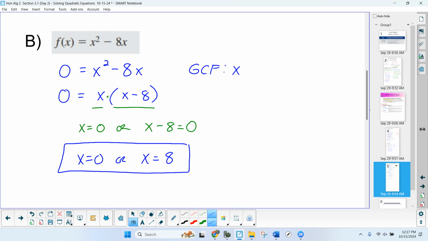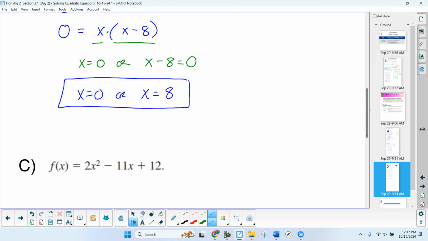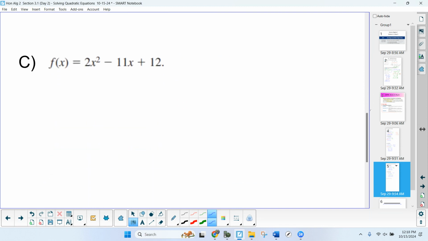You have x equals 0. You have something to solve there, so just solve. Questions on that one? Okay, last one, and then we'll give you homework. Do you have a question, Josh? No. Okay. Work on C.